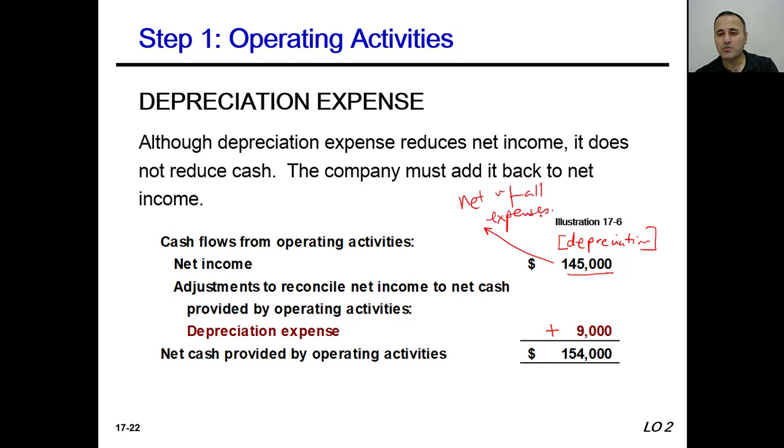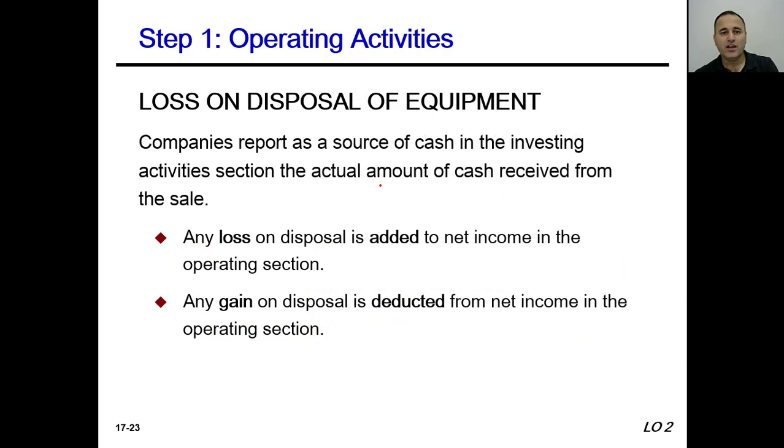It means that I have already taken out depreciation expense. But as I said, depreciation is a non-cash expense, which means that I have to add it back. So the net cash provided by operating activities is $54,000.